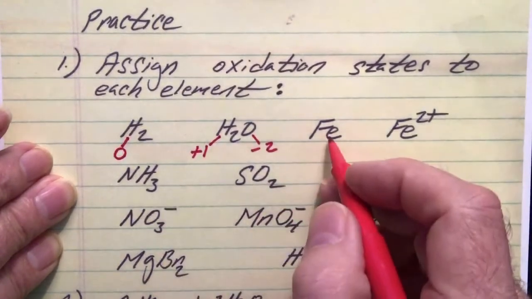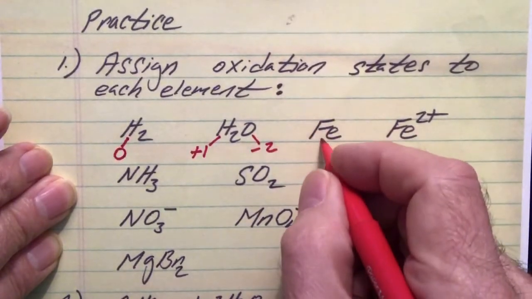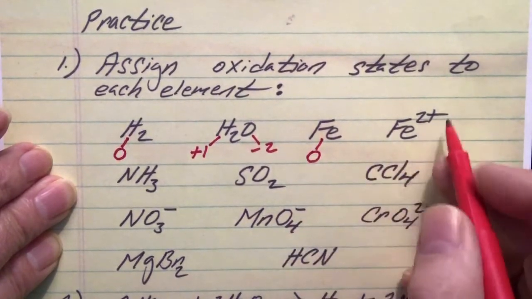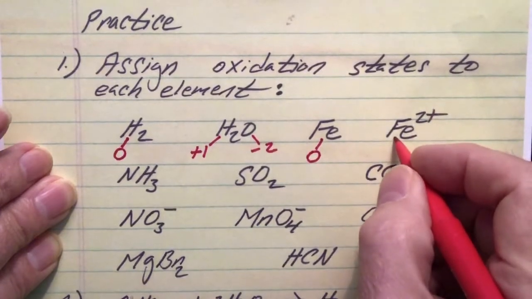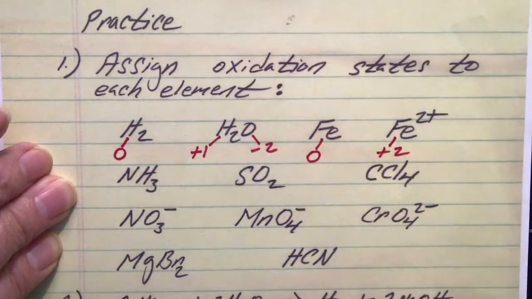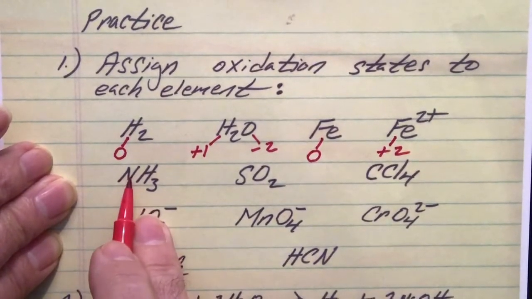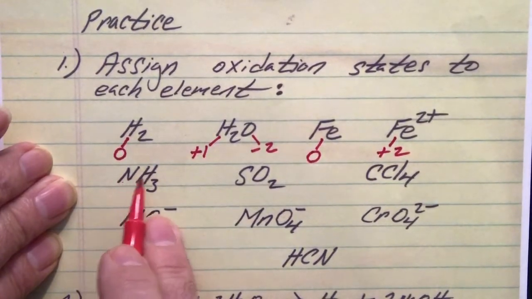Iron is just the atom, no charge on it, in its elemental state, so it's 0. Monatomic ions, whatever its charge is, it's going to have the same for its oxidation state, positive 2. Now here, nitrogen, there isn't a rule for nitrogen, but we can deduce what nitrogen's oxidation state is by looking at hydrogen.